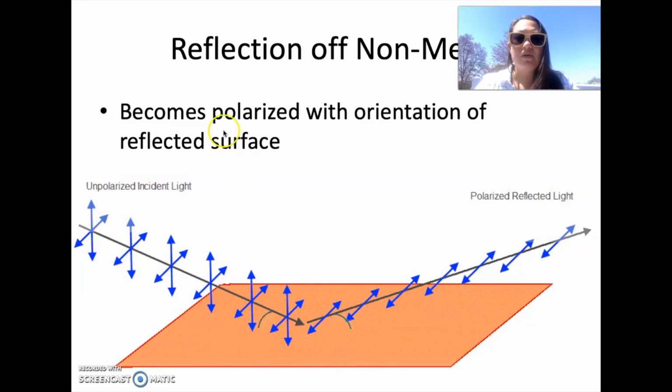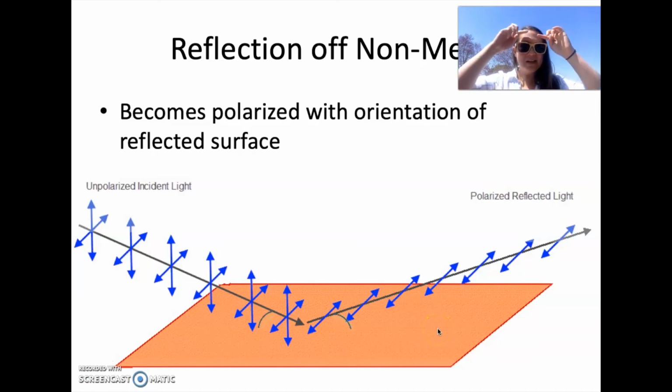So the rule for reflection off nonmetal surfaces is that when unpolarized light hits it, the polarized light reflects off parallel to the surface. So let's say I have a puddle of water. Well, that light would be horizontally polarized because the surface of the water is horizontal.